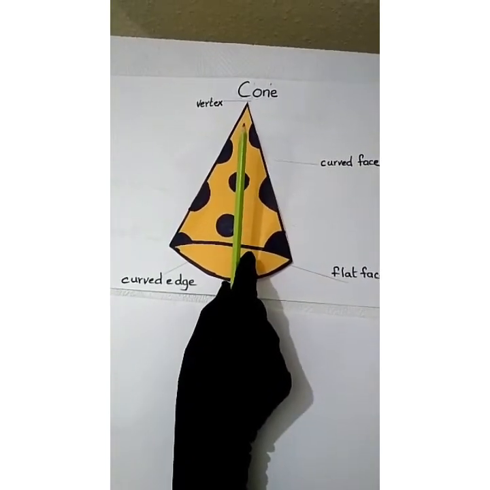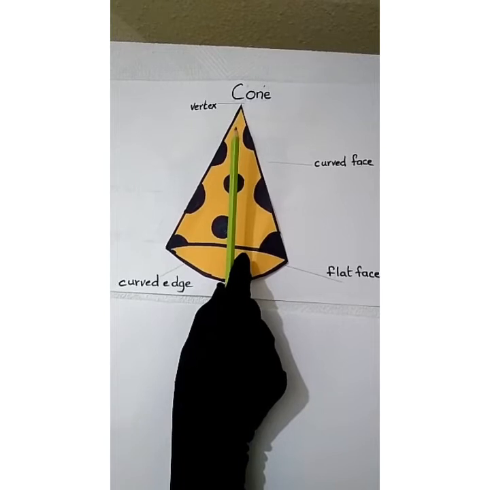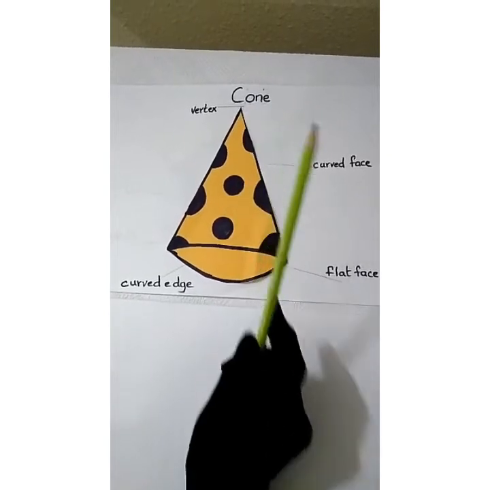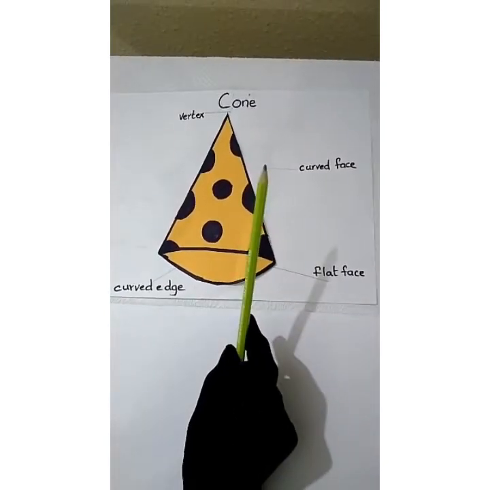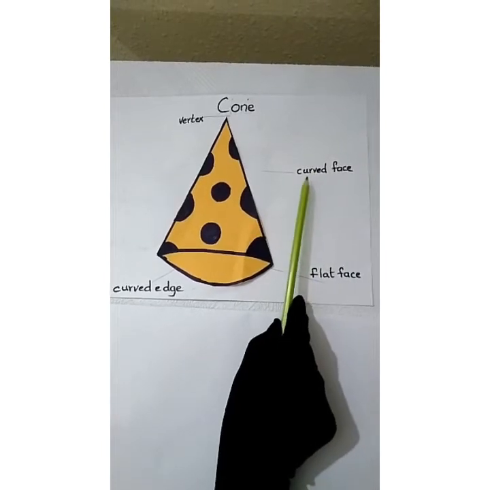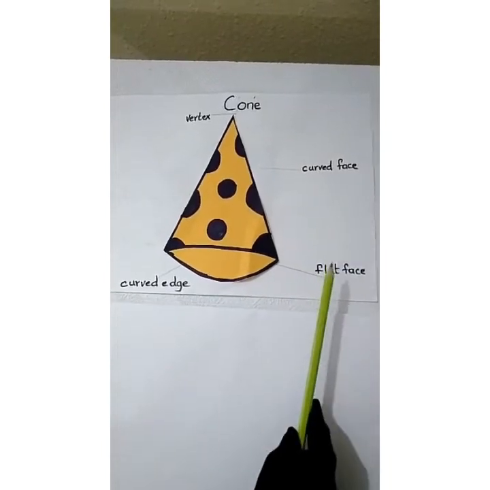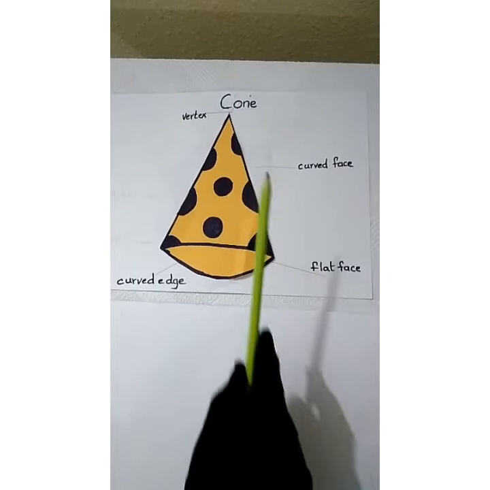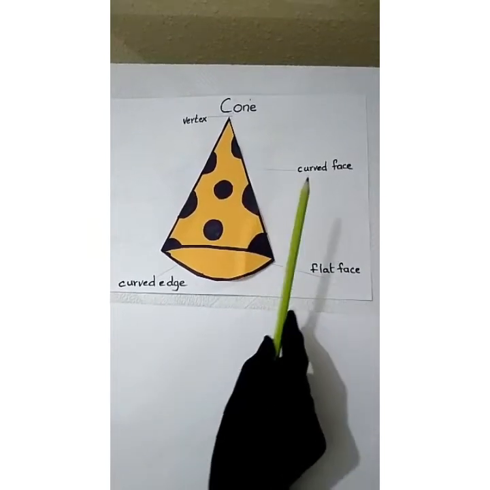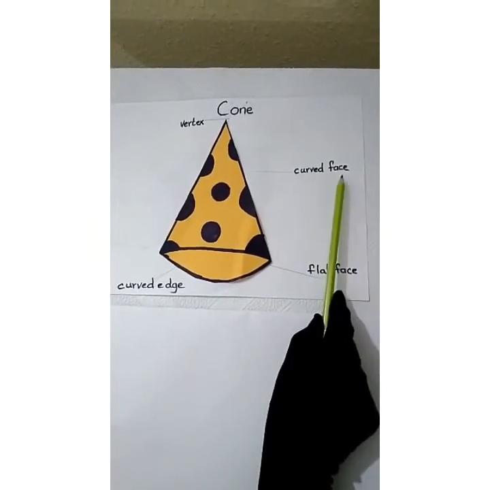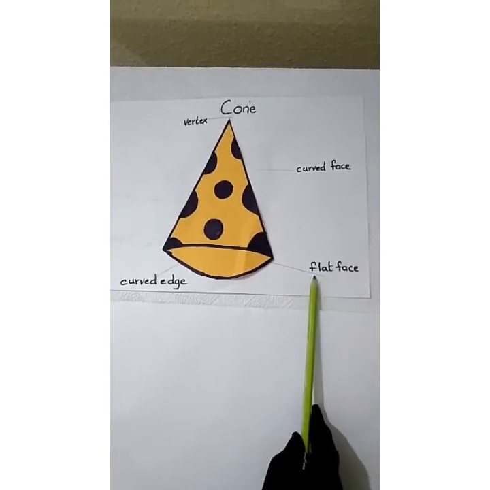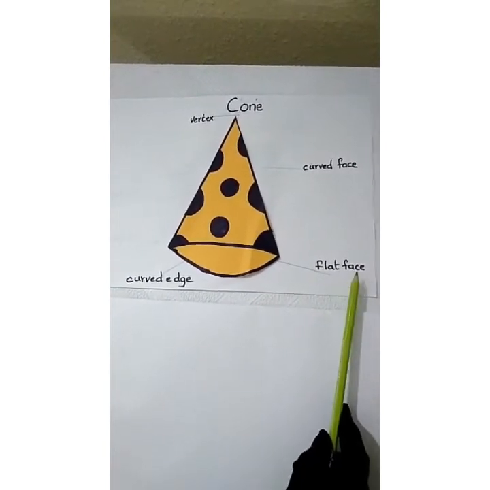Children, this shape is called a cone. It has 2 faces, 1 curved face and 1 flat face.